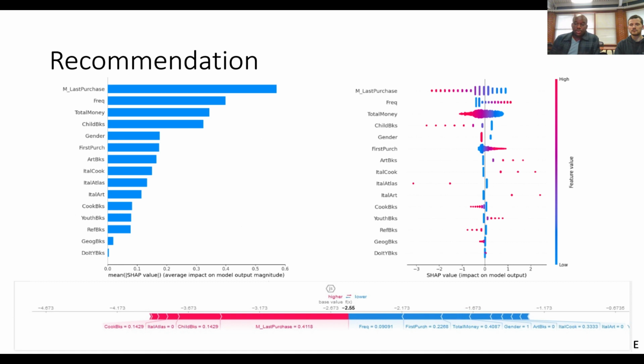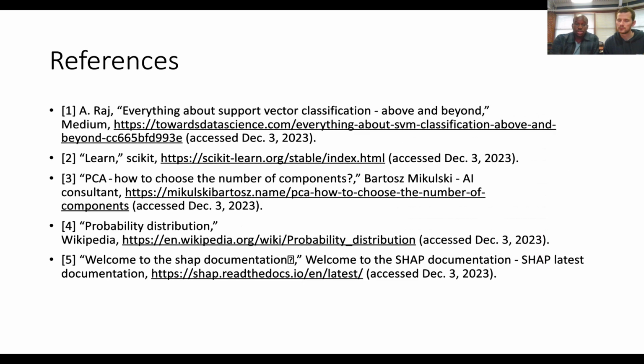Then we carried out a SHAP analysis to get the contribution of each feature in our model prediction. From the SHAP analysis, we got that the months since the last purchase, frequency, and total money spent have the most SHAP mean contribution to the outcome, while Italian art and Italian cookbook have the highest impact contribution to the model.